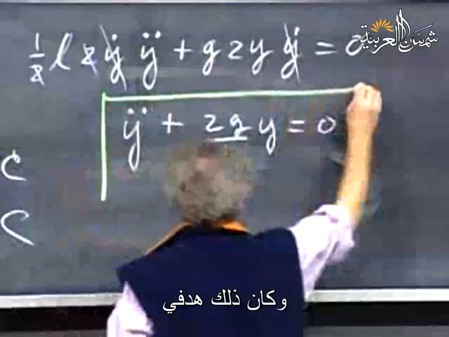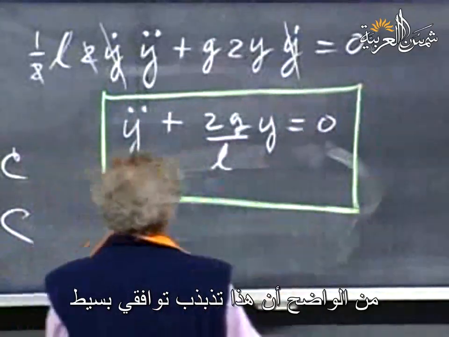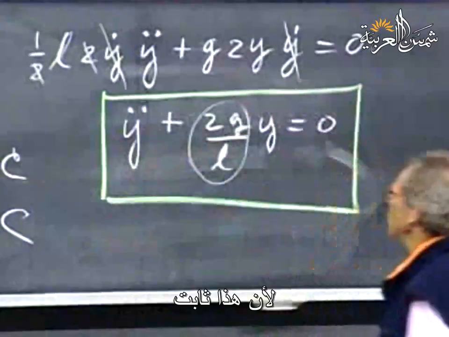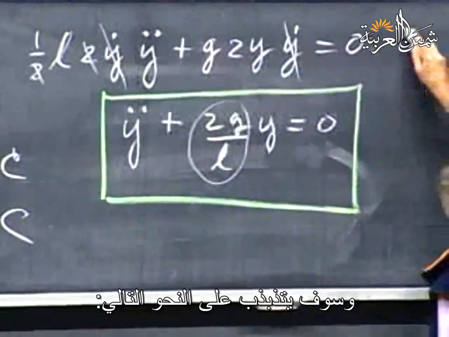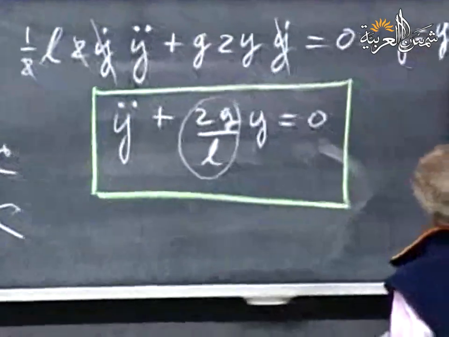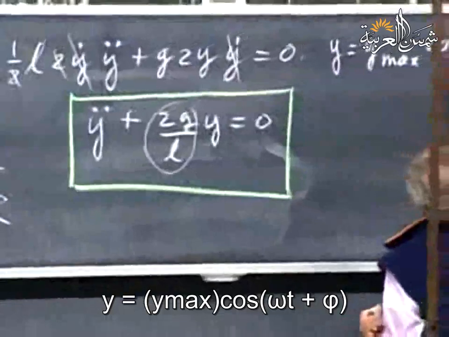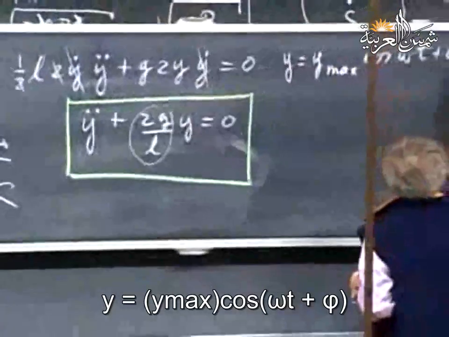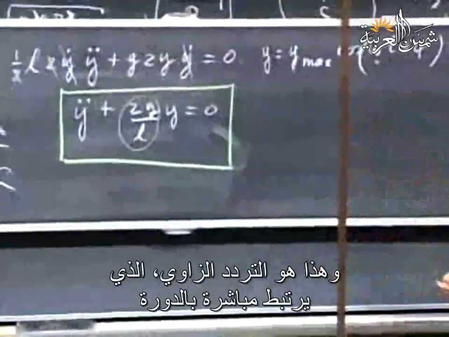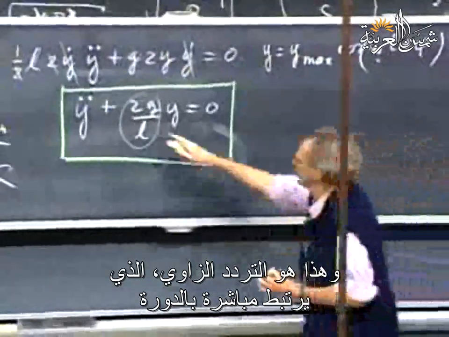And that was my goal, because this is clearly a simple harmonic oscillation, because this is a constant. And it will oscillate in the following way: y equals y max times the cosine of omega t plus phi, and this is the angular frequency, which is directly related to the period.